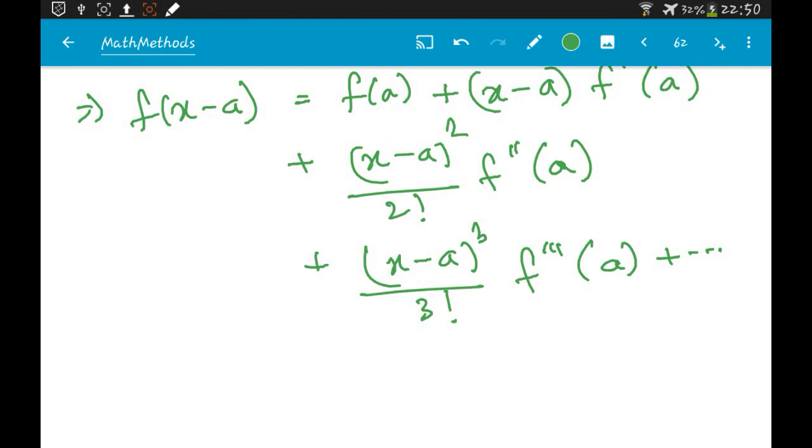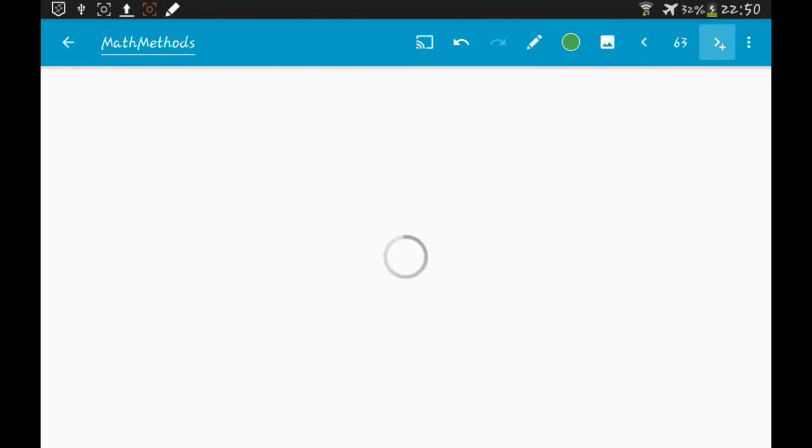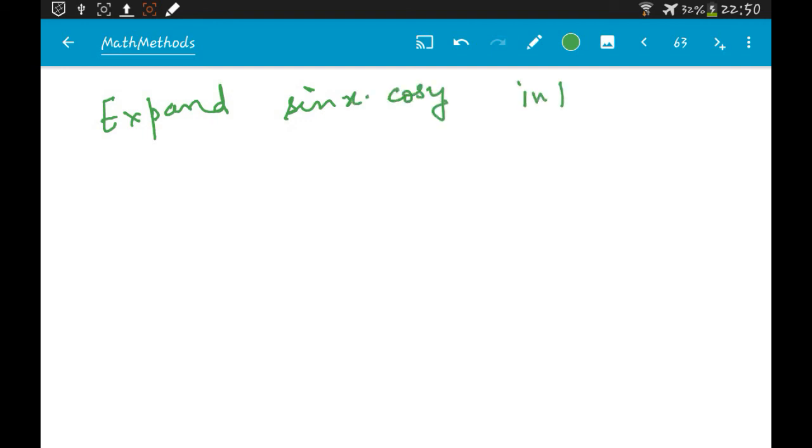Alright. So if you want to now expand a product of two functions, let's say you want to expand sine x into cos y. Expand this into series. Now this expansion is a Maclaurin series expansion because this is expansion about 0.